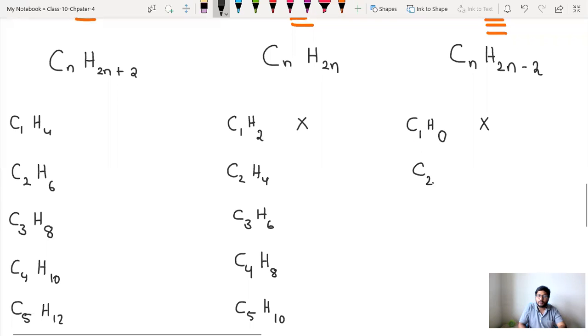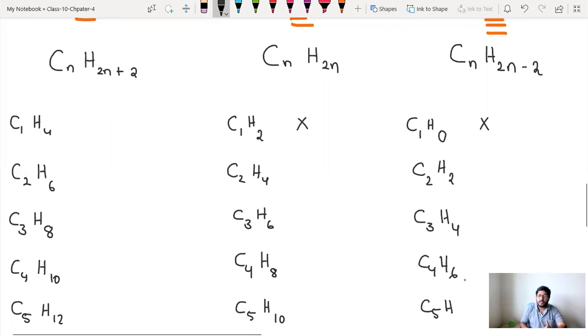You will get C2H, 2 twos are 4, 4 minus 2 is 2. C3H, 2 threes are 6, 6 minus 2 is 4. C4H, 2 fours are 8, 8 minus 2 is 6.